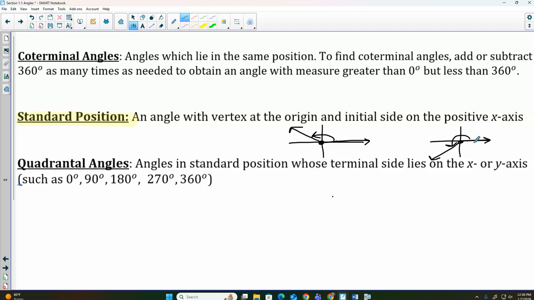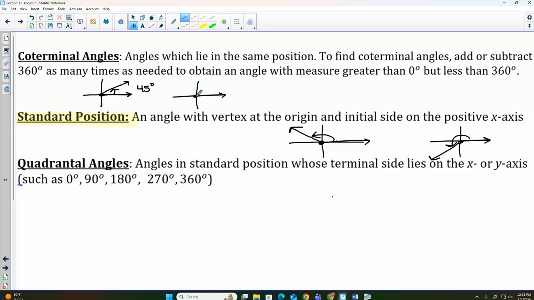So I could draw a lot of different angles that ended at the same spot. Let's say I looked at this angle right here. Okay, I could just talk about that. And that would be about like a 45-degree angle. Would we agree?